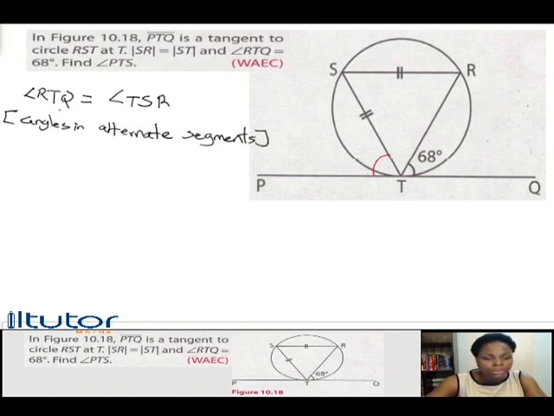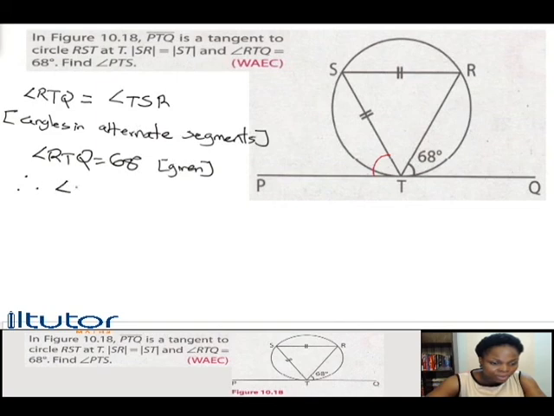So now, angle RTQ, already given, is equal to 68 degrees. It was given to us. So since our angle RTQ is equal to 68 degrees, therefore angle TSR is also equal to 68 degrees, and that is this. TSR is 68 degrees.